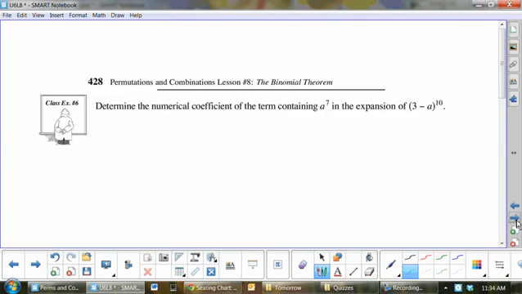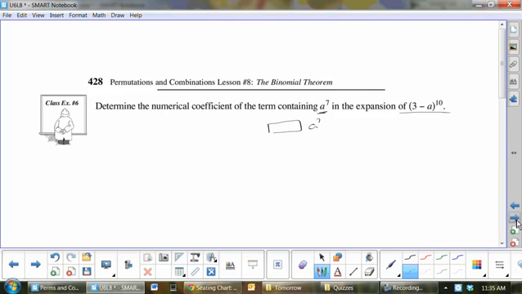Now, I want to find the numerical coefficient of the term containing a to the 7. So I am looking for something a to the 7. Some number a to the 7th. That's what I'm looking for in the expansion (3 minus a) to the 10.